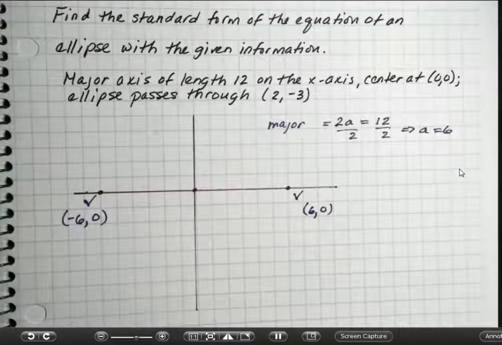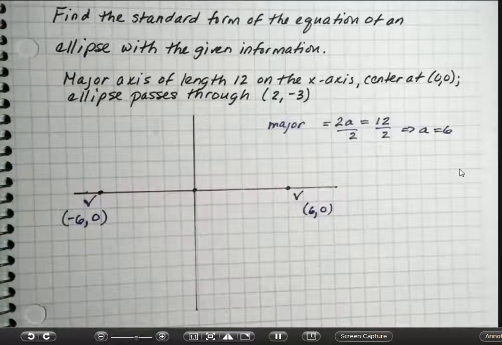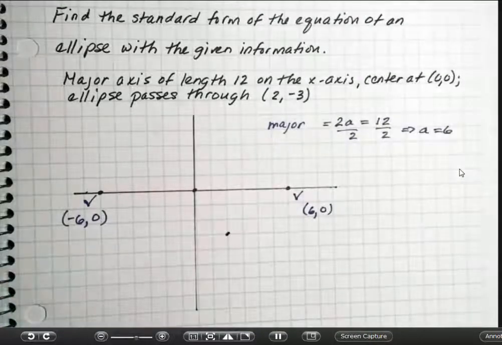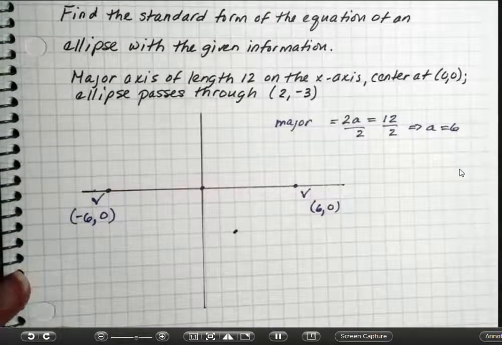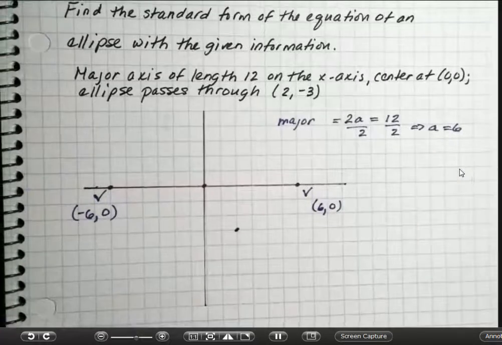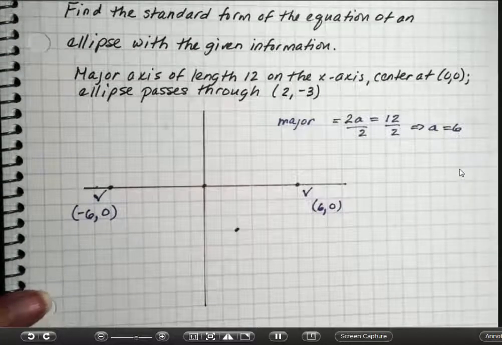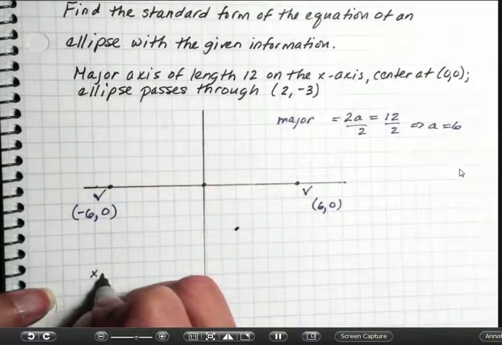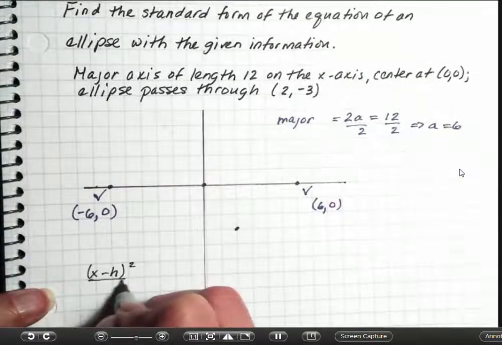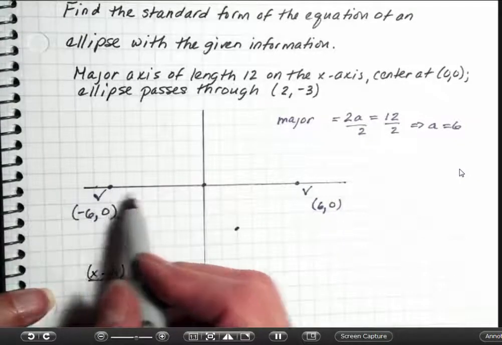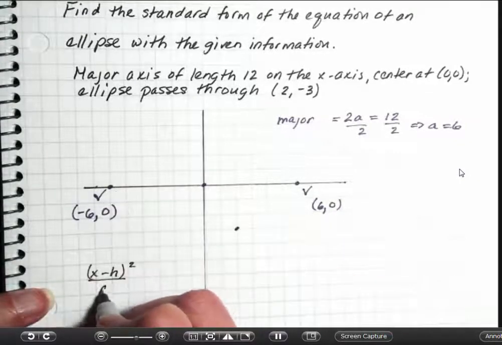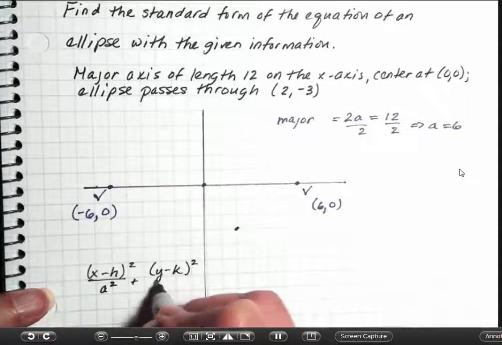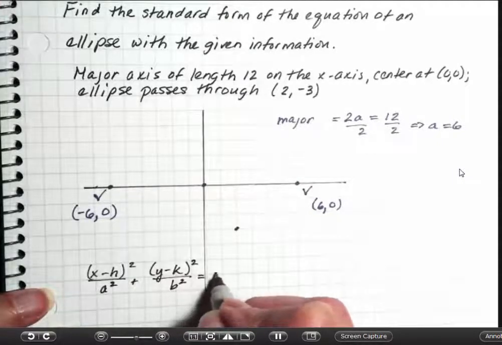I'm also told that the ellipse passes through the point (2, -3). So I know my ellipse is going to go through that point right there. Okay, so using the information that I have, I'm going to go ahead and start writing my equation. My standard form of the equation is (x - h) quantity squared, and since we're going in the x direction with our major axis, it's going to be over a squared, plus (y - k) quantity squared over b squared equals 1.